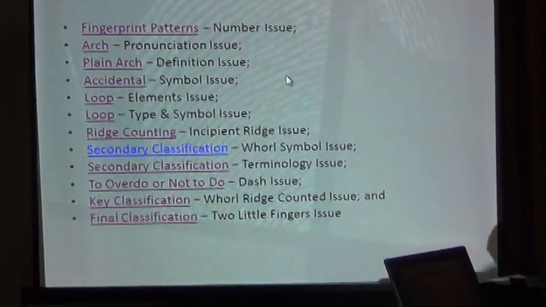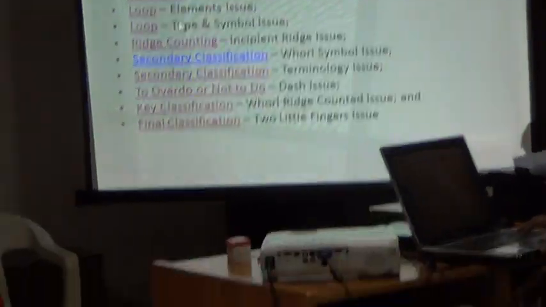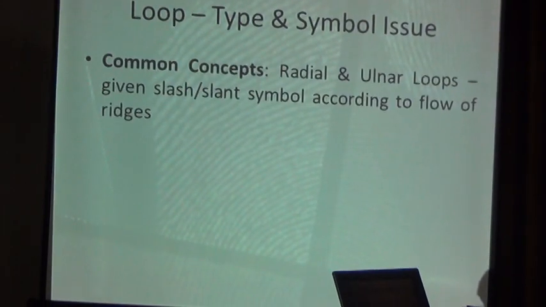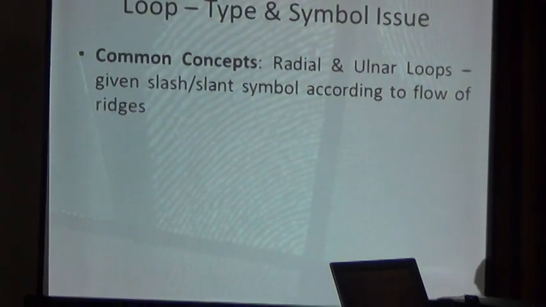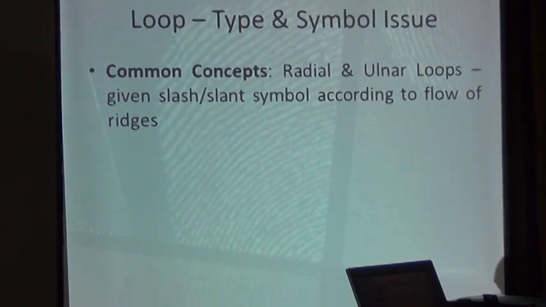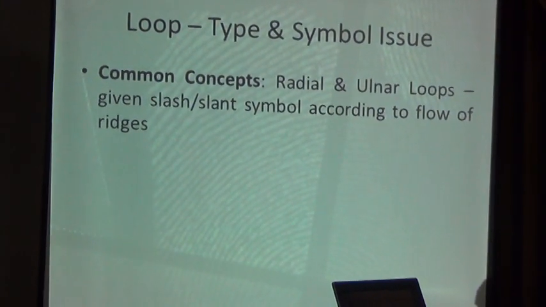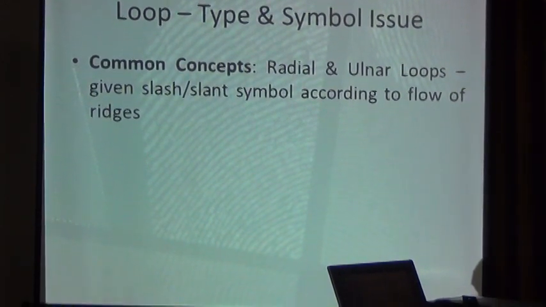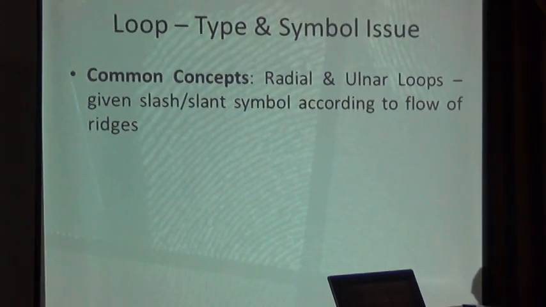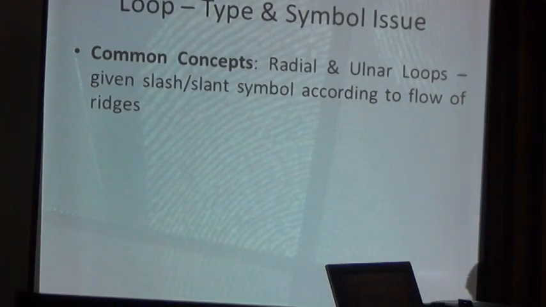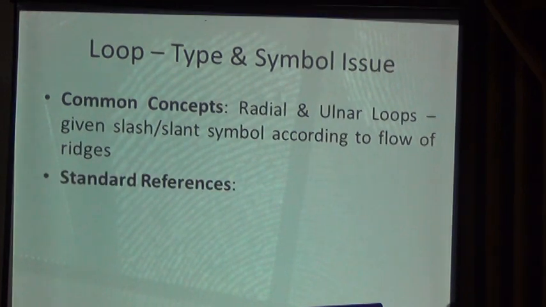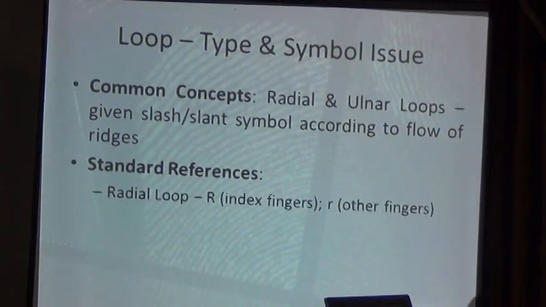Another is the loop type and symbol issue. It's another problem that I have covered. Common concept, and in fact, I saw this one this morning: radial and ulnar loops are given the slash or slant symbol according to the flow of ridges. Meaning there is no difference between ulnar and radial in blocking out. What does the standard reference say?